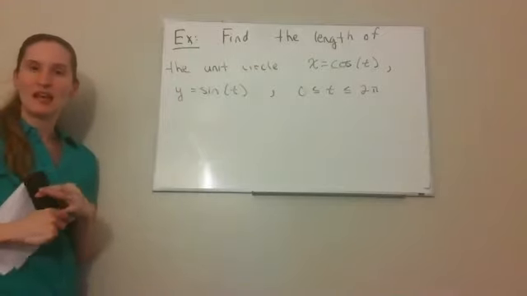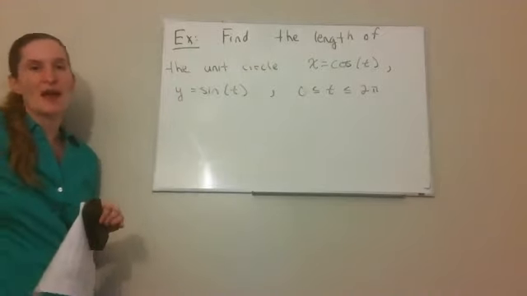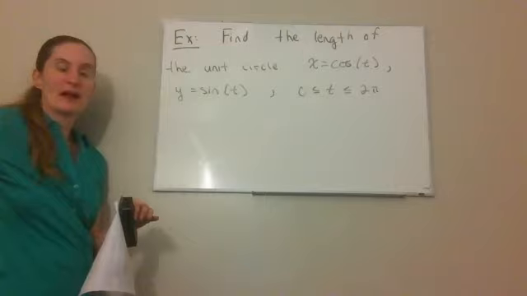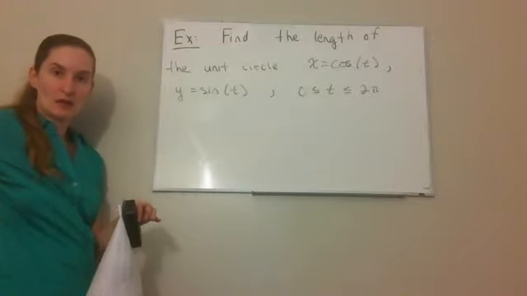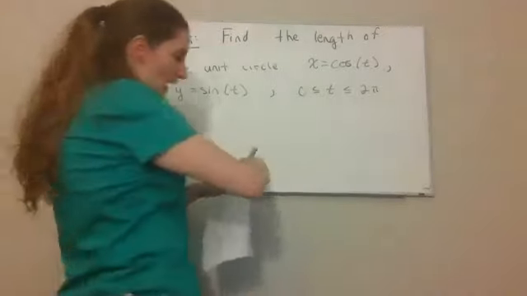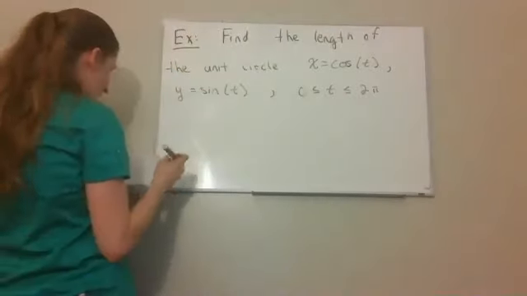So this is the same expression for the unit circle that we had before. This is going around exactly one time on our unit circle. So I should be able to use my formula.